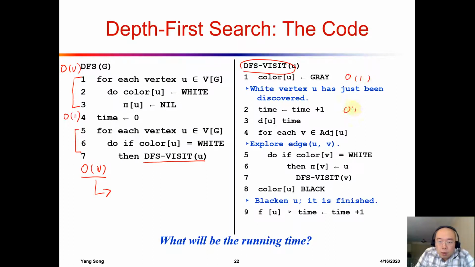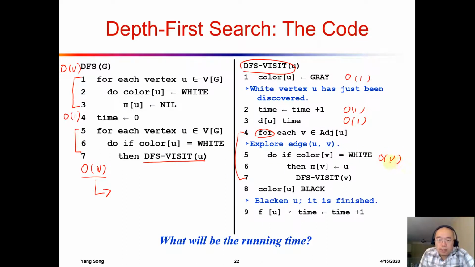So this is O(1), and O(1), O(1). And then for this one, if we are considering this graph to be a full one, then the upper bound of the adjacent u, which is the iteration we are going to run for this for loop, will be O(V).